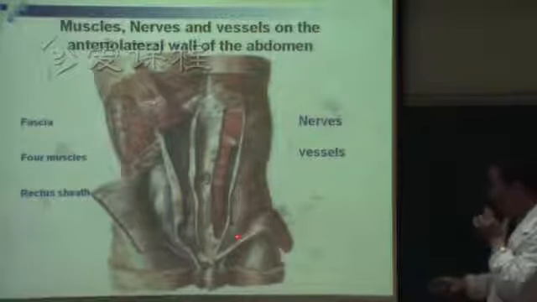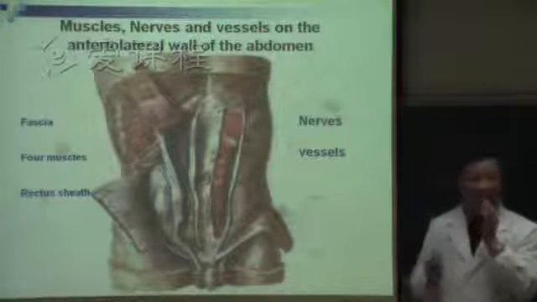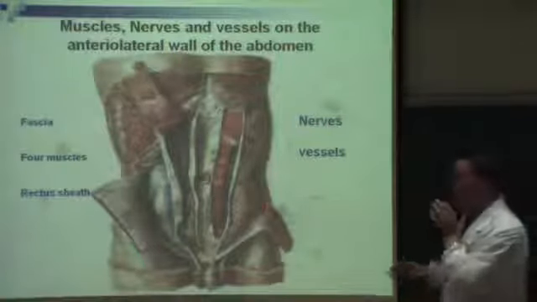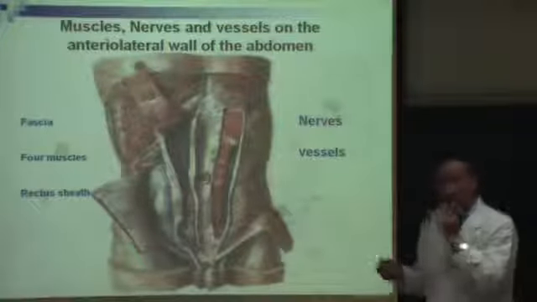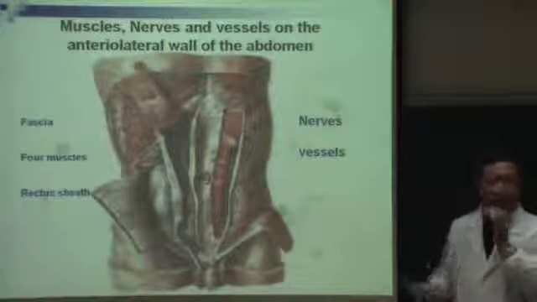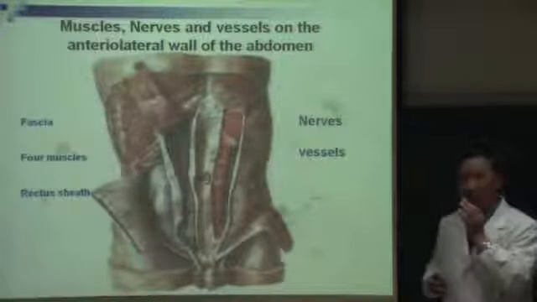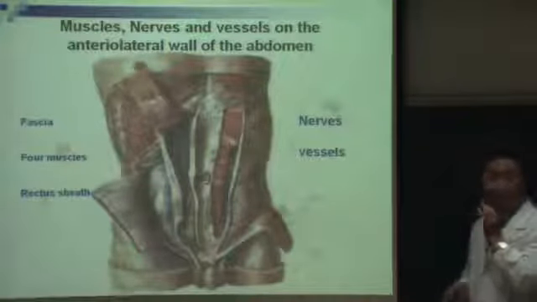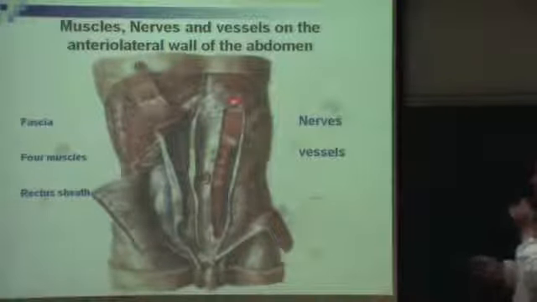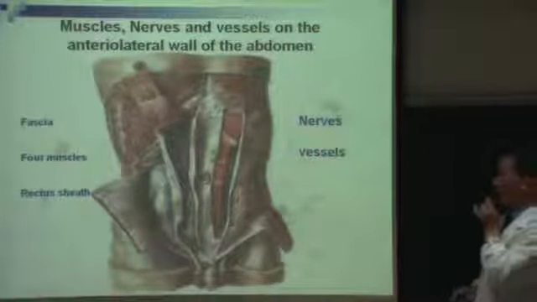Ilioinguinal nerve. You should think what structures this nerve supplies. These nerves supply not only the muscles, but also the skin covering the abdomen. And then we have learned about the vessels.